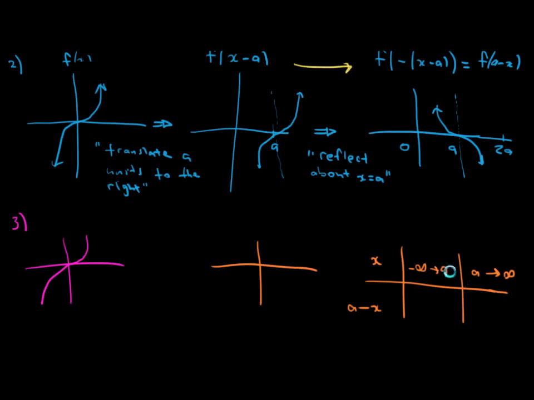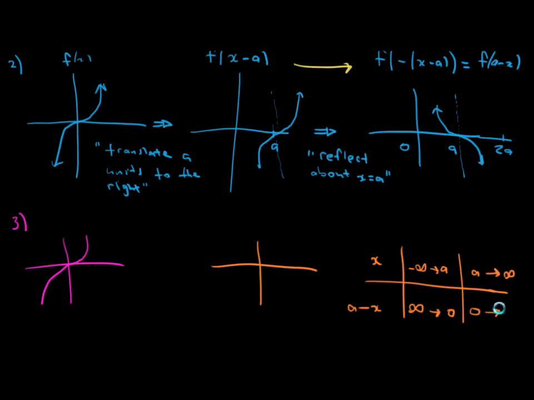And basically we see, okay, as x goes from minus infinity to a, this will go from plus infinity to 0. So when we're at minus infinity, it's a minus minus infinity, makes it a plus infinity, which is infinity. And when we're at a, we've got a minus a, which is 0. And over here, when we go from a, we go from 0 to infinity.